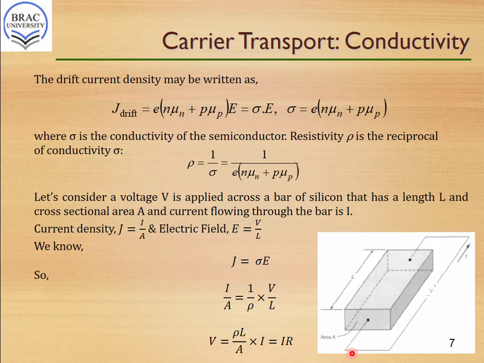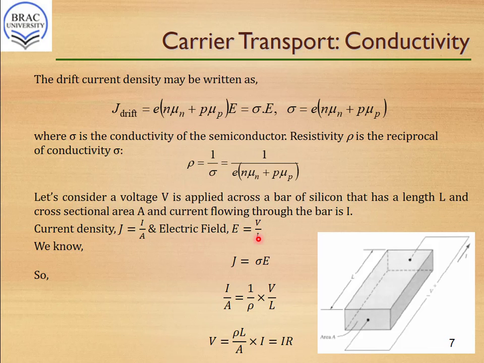So what is the current density? Current density is basically the current divided by unit area. So J, or current density, is I by A, and electric field is applied voltage per unit length. So E is equal to V by L.